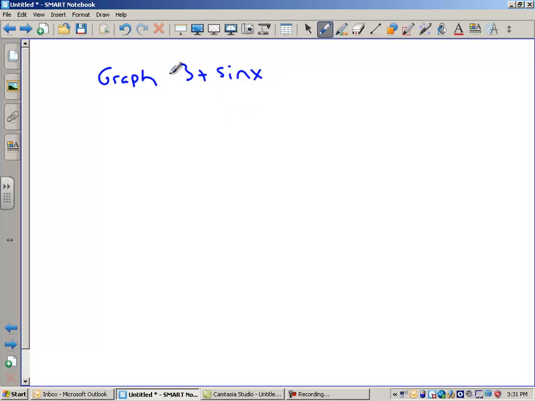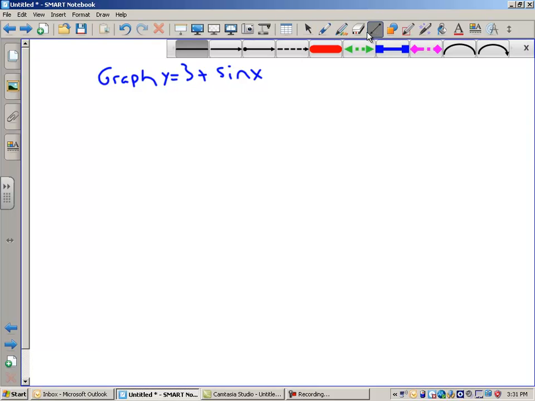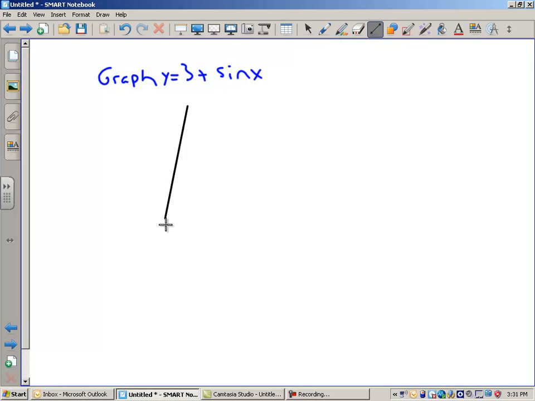You should know from your transformations that any time you add or subtract to a function, all that does is move it up or down. So the 3 plus is going to affect the sinusoidal axis. It's just going to move it up 3.